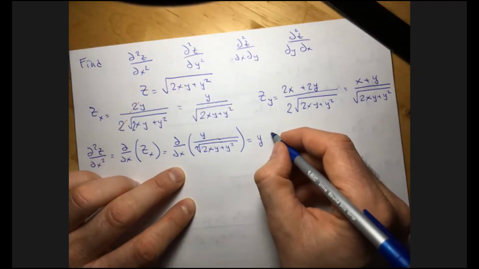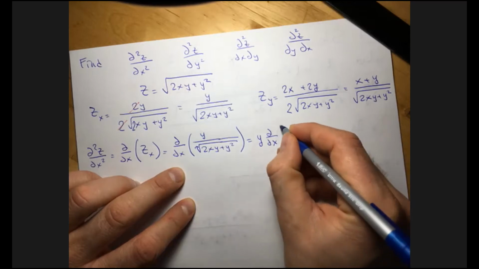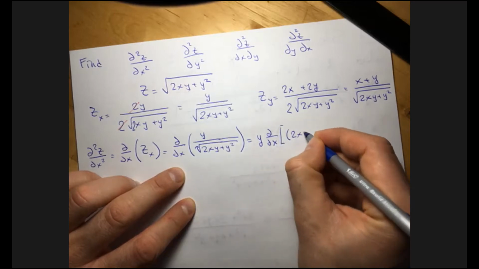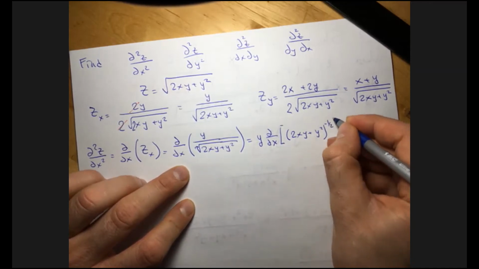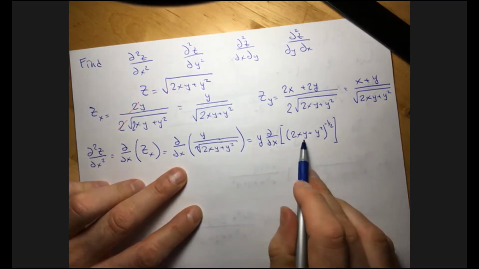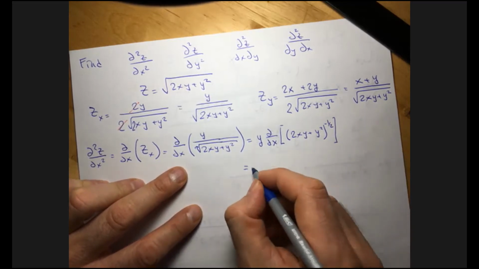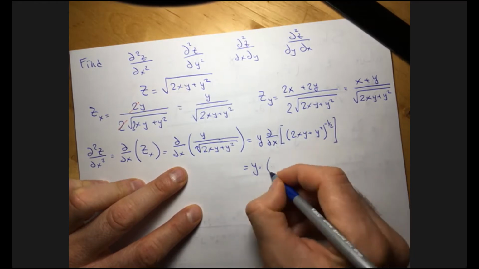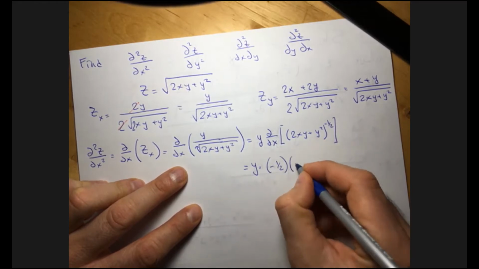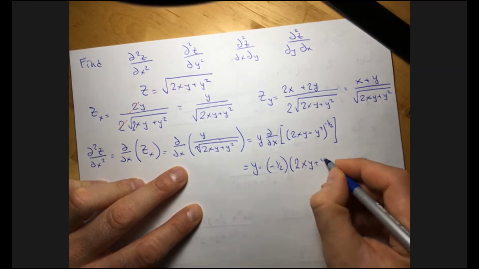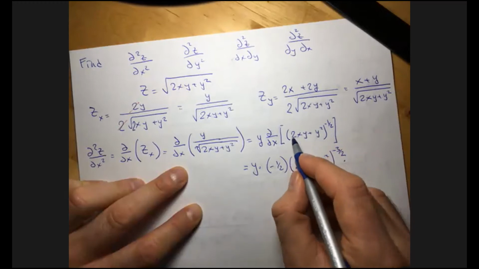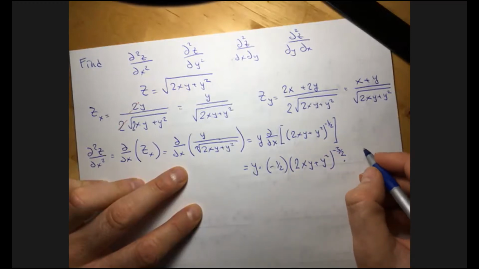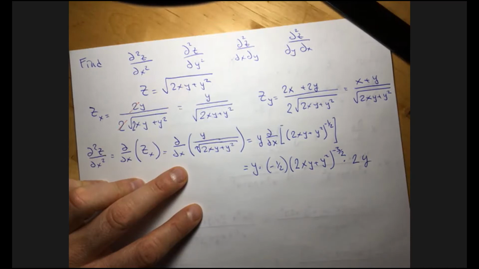So basically we have to find the partial derivative with respect to x of 2xy plus y squared to the power negative 1/2. And now you follow the Cal 1 rules. y times negative 1/2 times 2xy plus y squared to the power negative 3/2 times the derivative of this term here with respect to x, and that's just 2y, right? Because only this one here depends on x.